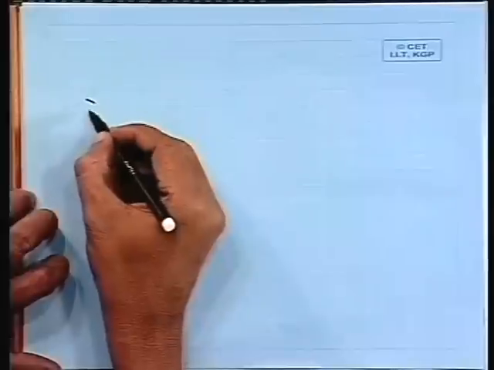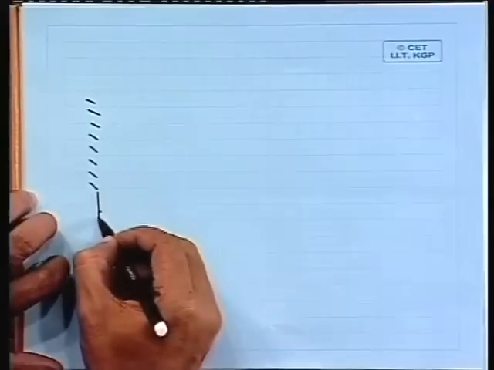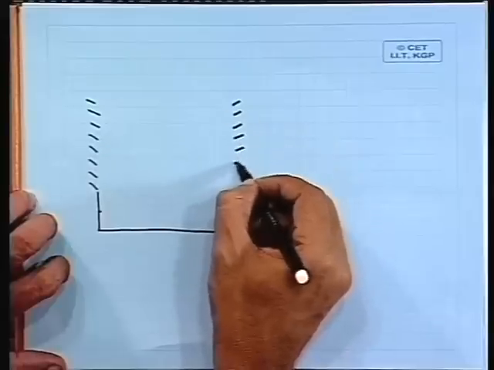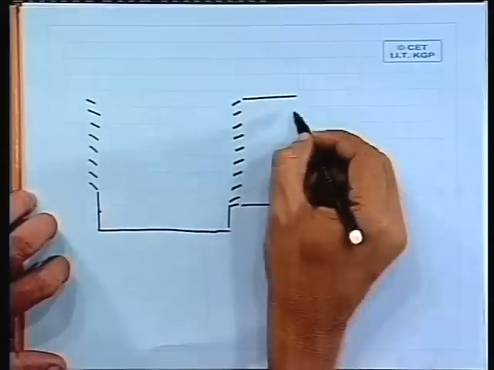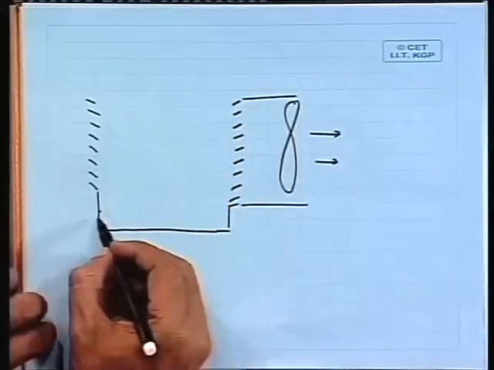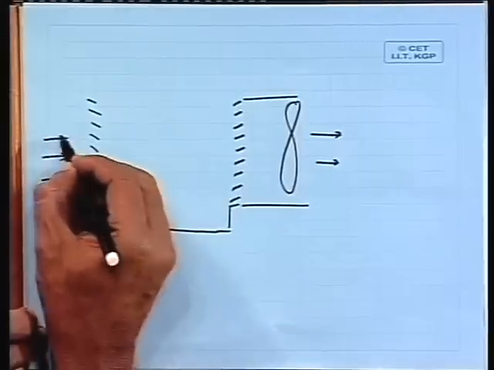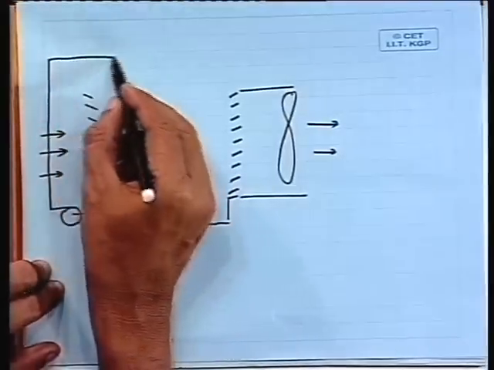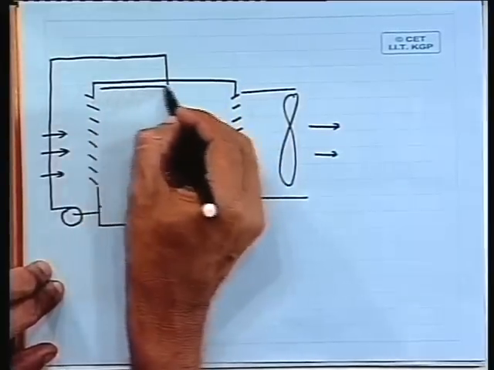So, it is like this, you have got a system like this, this is your air washer, maybe you can have some sort of a ducting and some sort of a fan for drawing air, something like that, and you have got a pump, this is air, and this pump for spraying, number of nozzles.